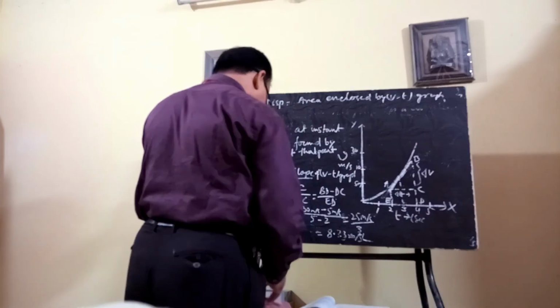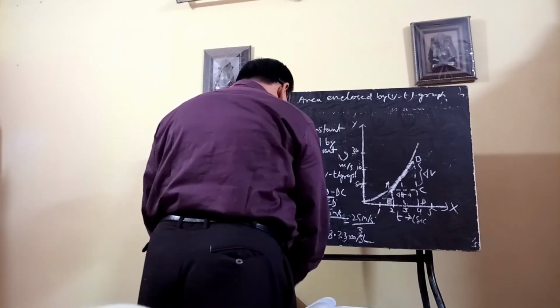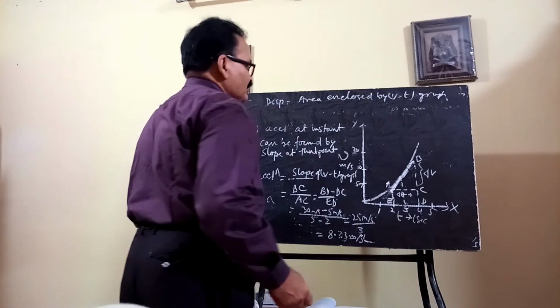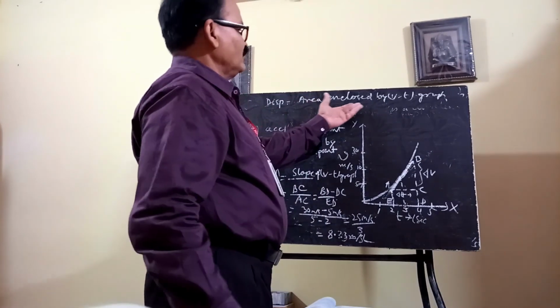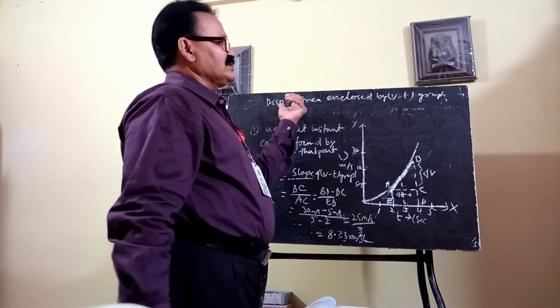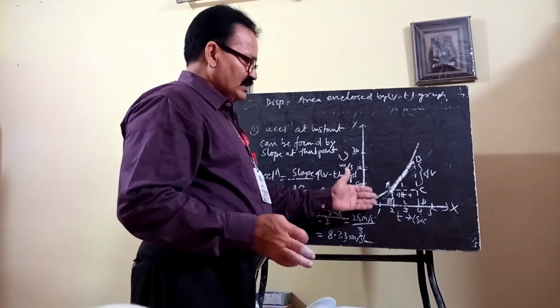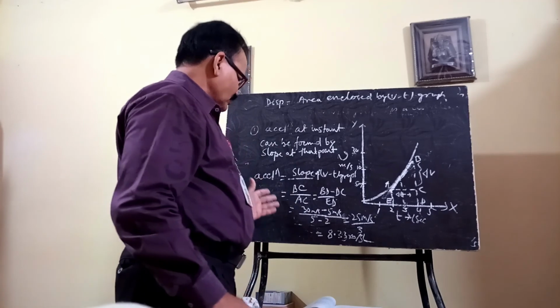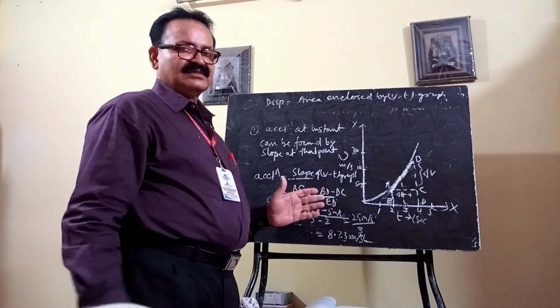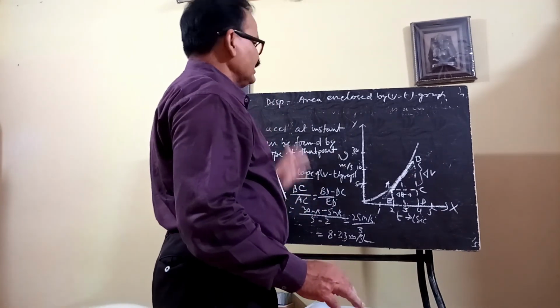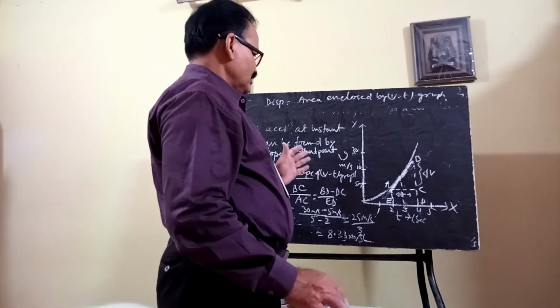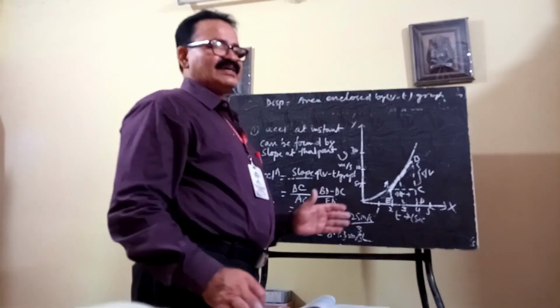Okay, so this area under the velocity time graph will give you the displacement. So in this way you have to draw the graph as well as find out the acceleration. Clear?